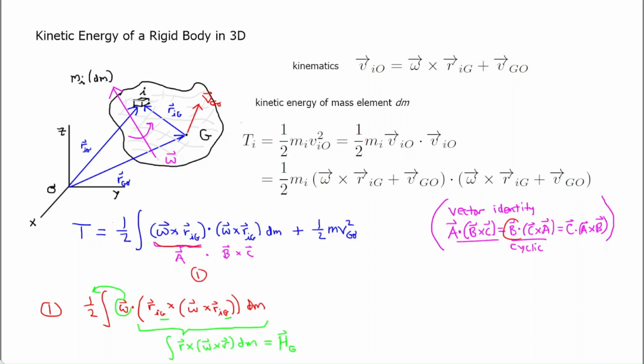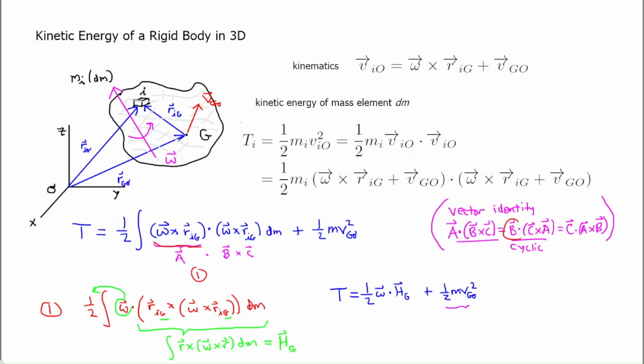There are no more calculations left to be done to end up with our result. So we get T is 1/2 omega dot h sub g plus 1/2 m v sub g o squared. And that's it for now.